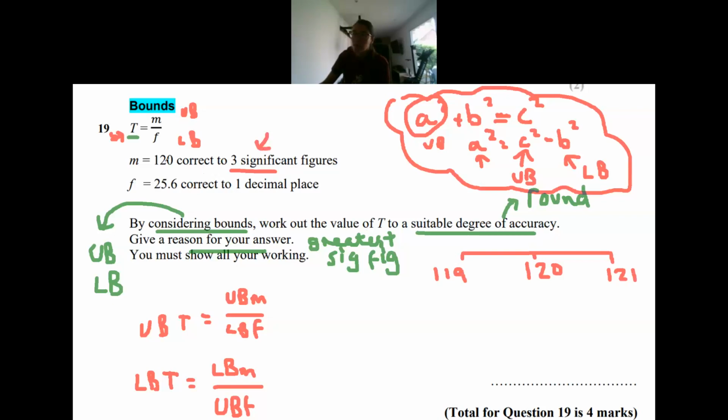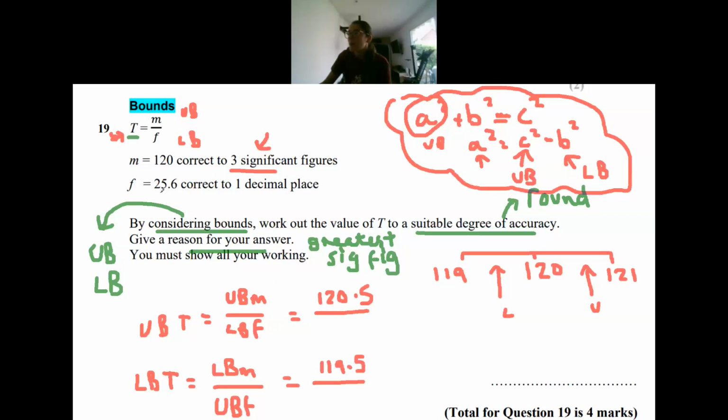So if this was to the nearest 10, then it would be 130 and 110. So just be careful with what we're saying here. Then the bounds go between. So the upper bound is 120.5 and the lower bound is 119.5. So upper bound of m, 120.5, lower bound of m, 119.5.